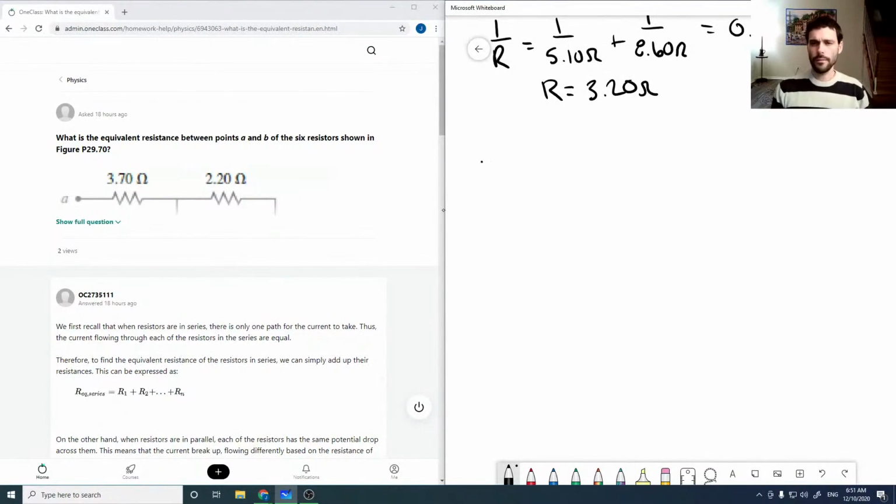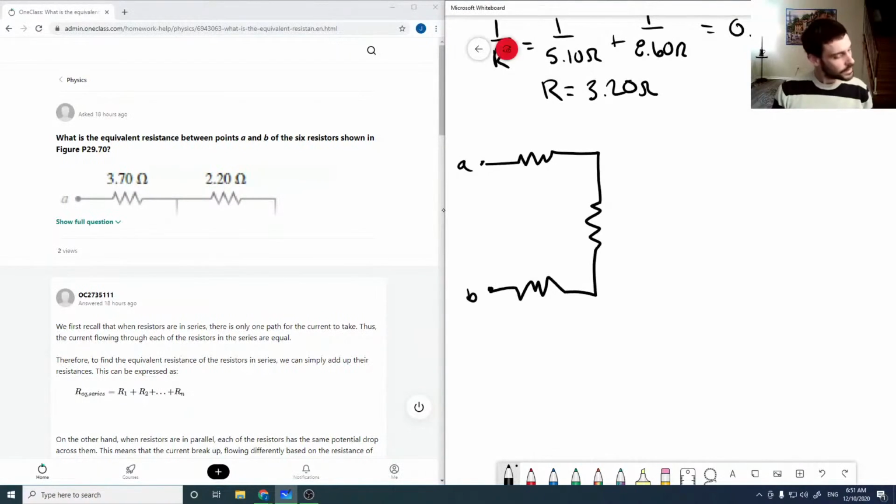where now we have A, 3.70, 6.20, and 3.20.